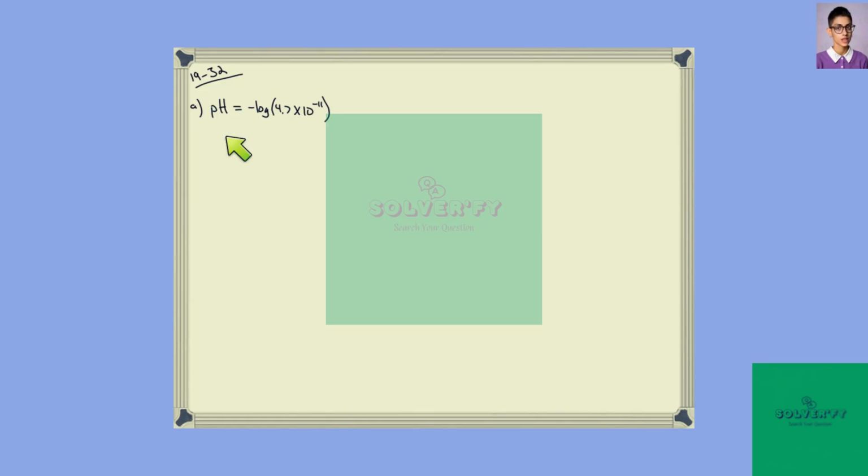So, Henderson-Hasselbalch equation, pH equals pKa plus the log of, you can either have the base concentration over the acid concentration or the moles of base over the moles of acid. I'm going to use moles.